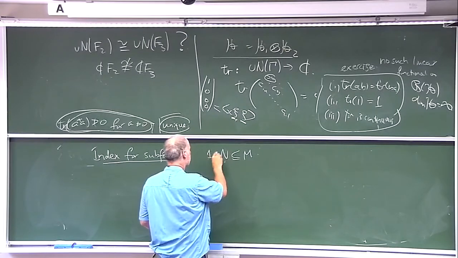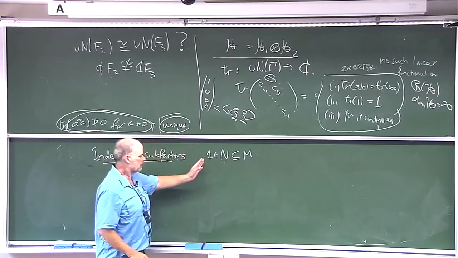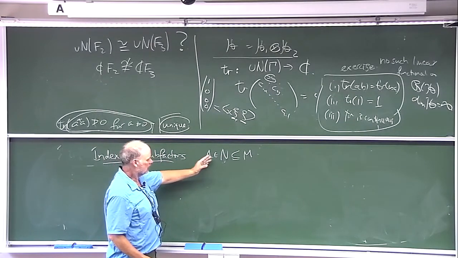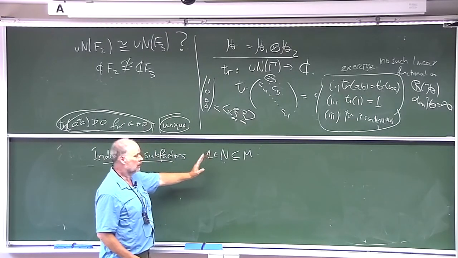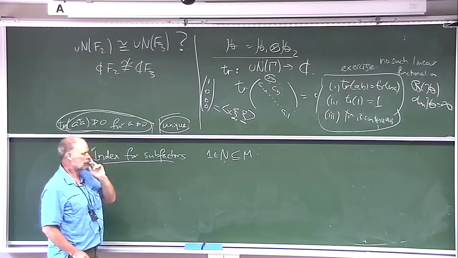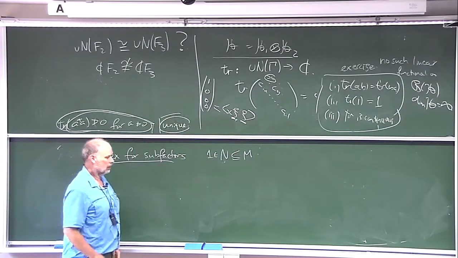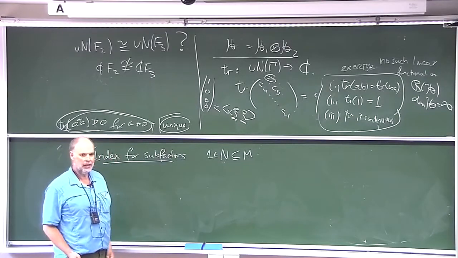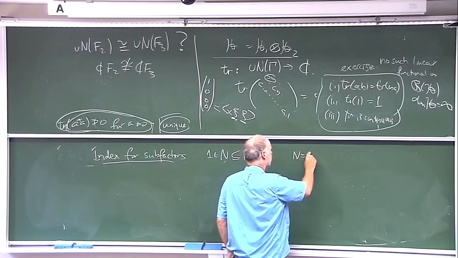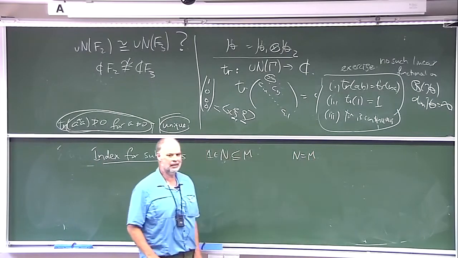The only thing I'll point out is that you might wonder whether the identity is supposed to be contained in it. Well, depending on your definitions, that's automatically true, but I'll just insist. We're looking at subfactors which contain the identity. Okay. So let's think of examples. Well, there's the trivial one, which is N equals M. If we're trying to define an index, that should have index 1.